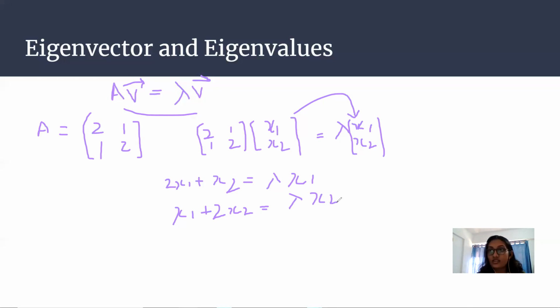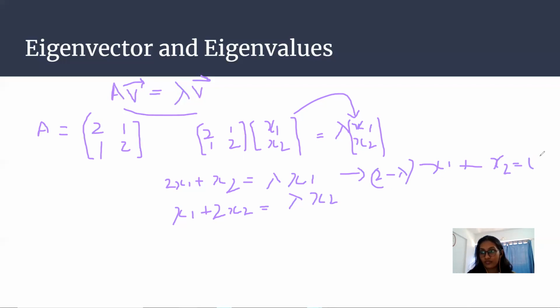Now we have to find the values of x1 and x2. If we rearrange the values, this becomes (2 minus lambda) x1 plus x2 is equal to 0.